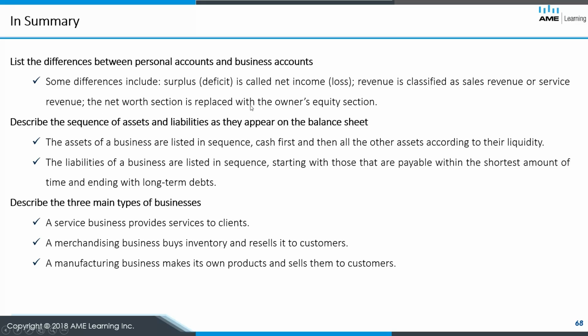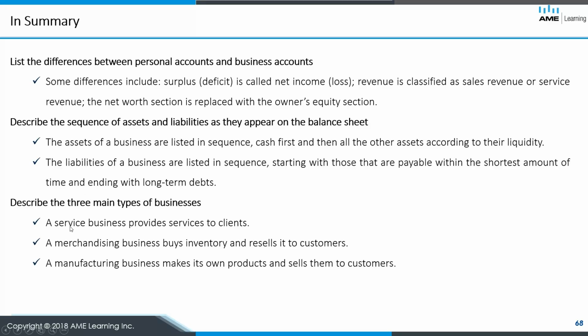The net worth section is replaced with the owner's equity section. Describe the sequence of assets and liabilities. Again, remember, we record the assets in order of liquidity, cash first, and liabilities are listed in order with those that are going to be payable within the shortest amount of time, ending with long-term debts.